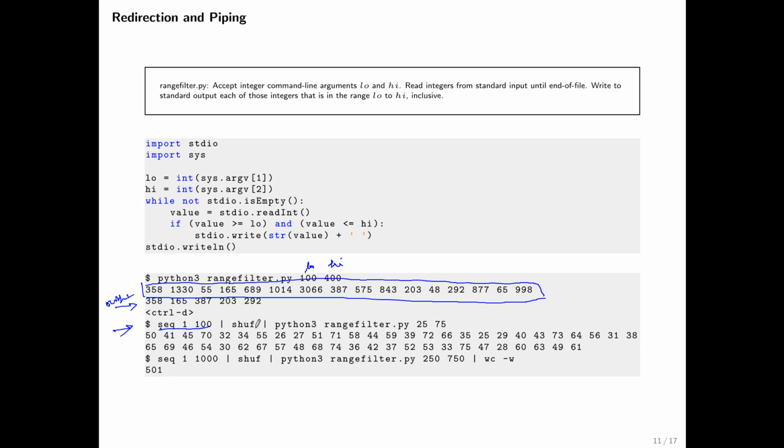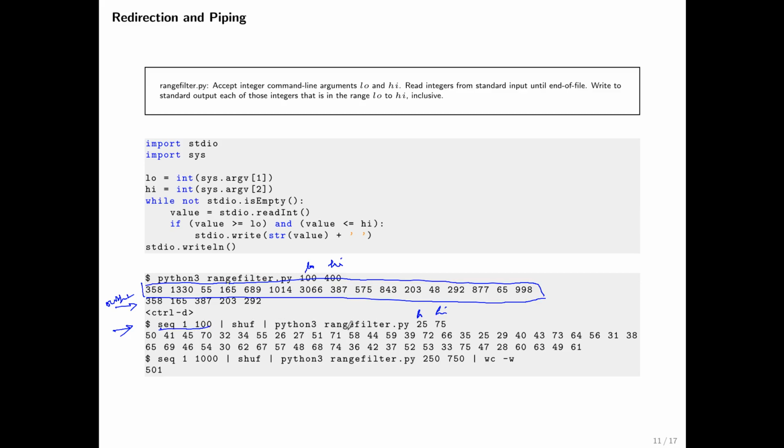But then that output, we make it to be the standard input of rangefilter, with this for low and this for high. So what do we have for standard input of rangefilter? We have the first 100 integers, 1 through 100, shuffled.